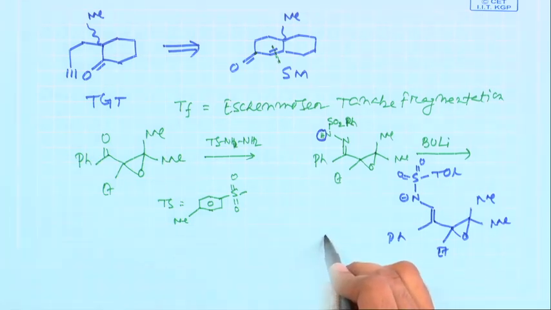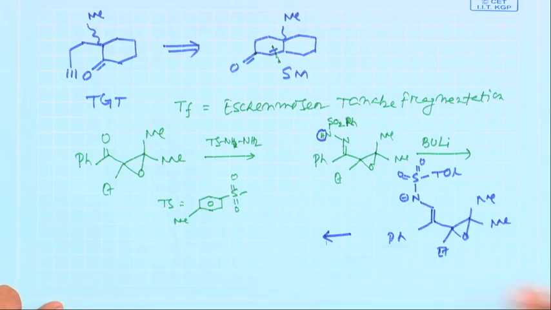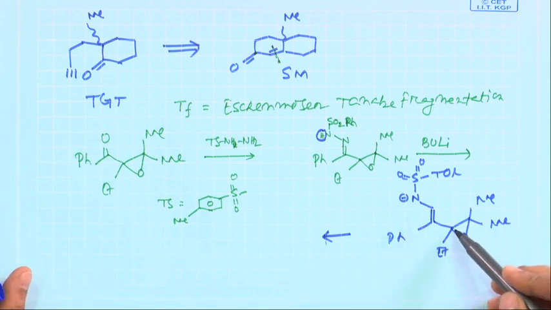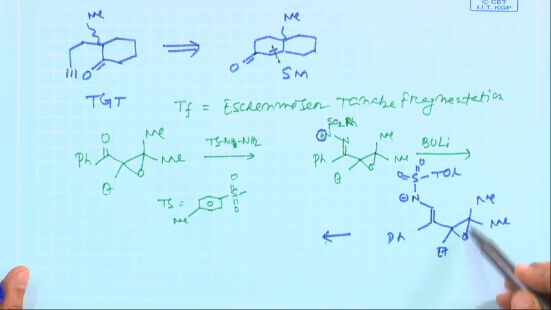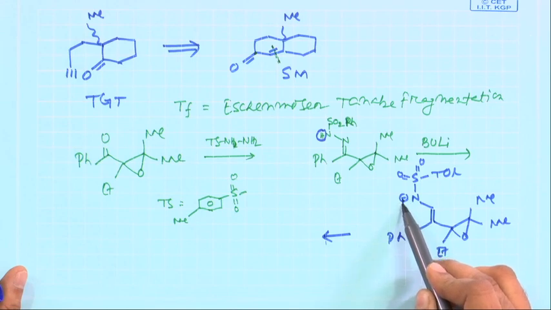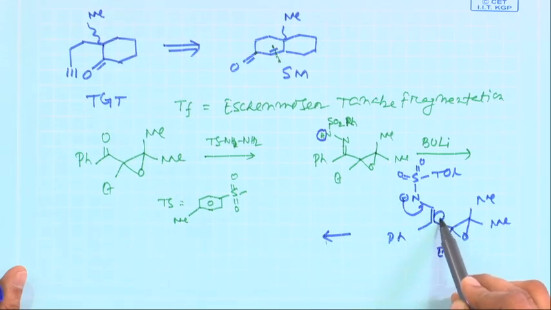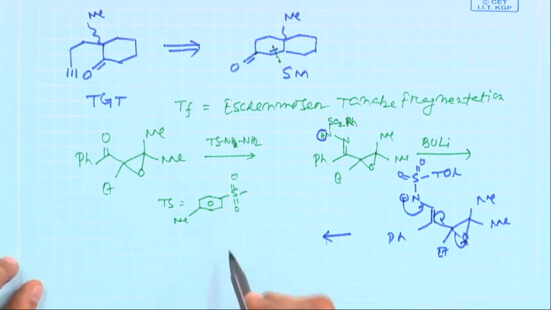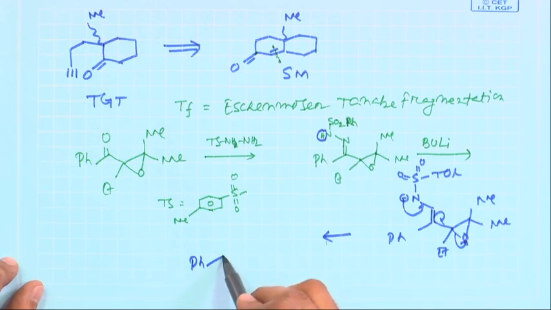Now, this nitrogen won't sit idle. This nitrogen will try to delocalize this negative charge, and we have an electrophilic epoxide oxygen which can accept this electron flow. So, flow will be something like this, and this epoxide will be opened, and what essentially you will get is a product.